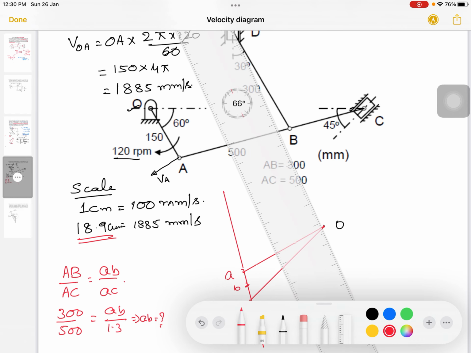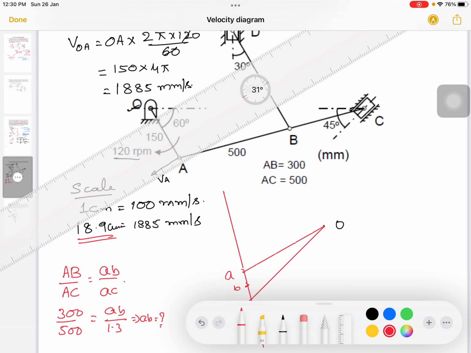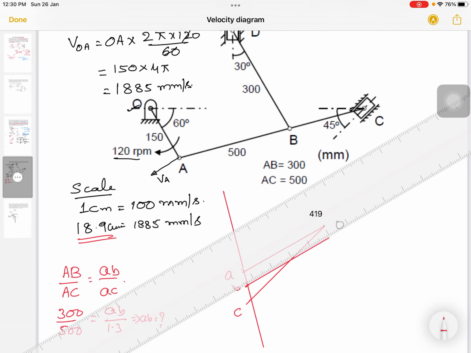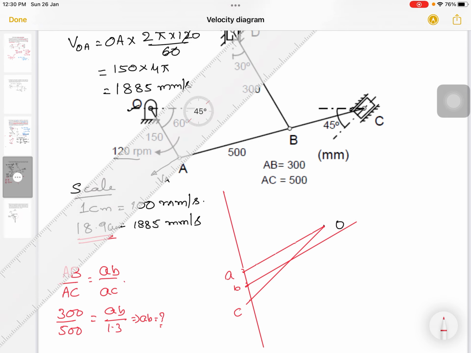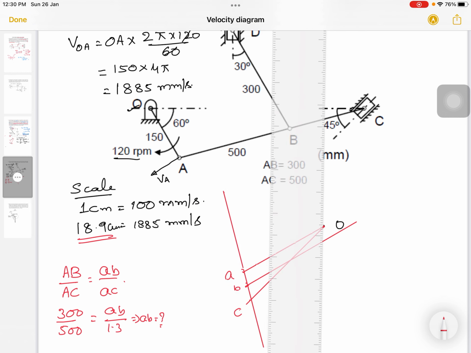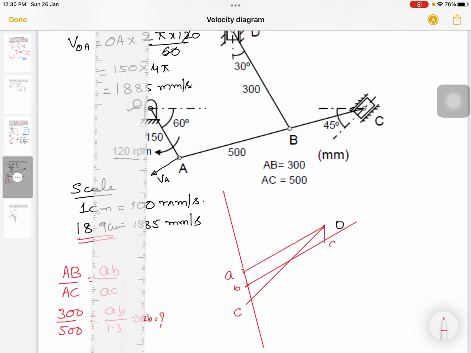Once you get point B, draw a line perpendicular to BD. Now D is the slider, it is moving in the y direction. Draw a line parallel to that. The intersection point will be D.